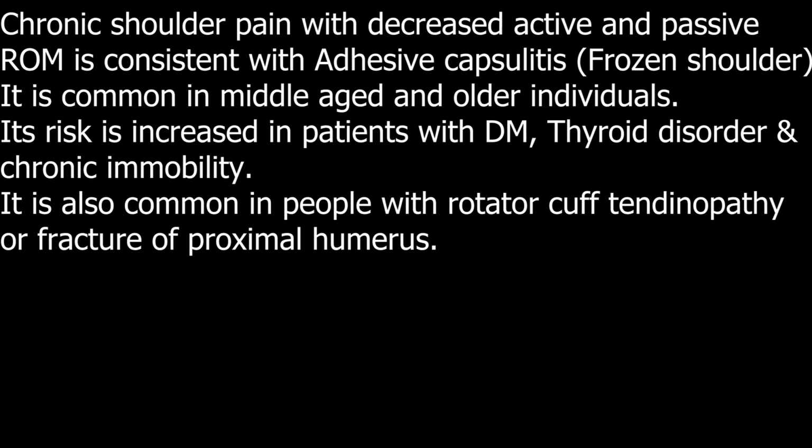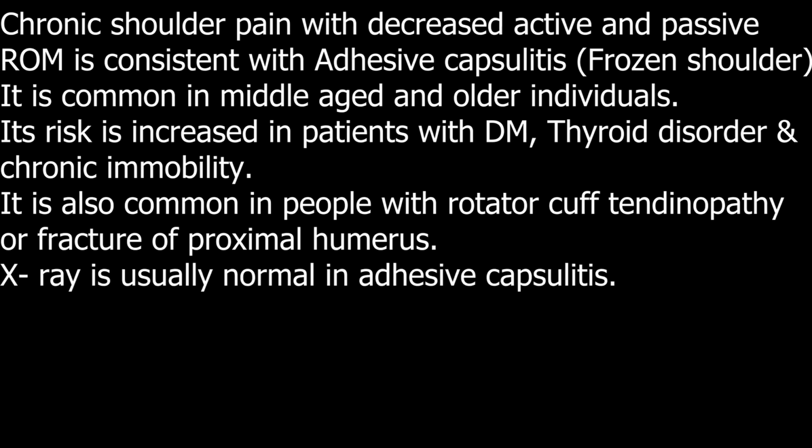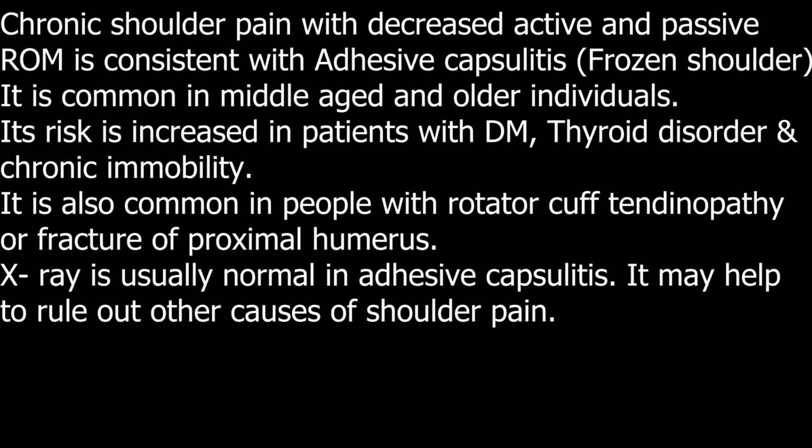The diagnosis is confirmed by demonstrating a reduction in both active and passive range of motion in multiple planes. X-rays, as in this patient, are usually normal, and imaging is primarily used to rule out other causes of pain. So, in this case, the cause is most likely adhesive capsulitis or frozen shoulder.